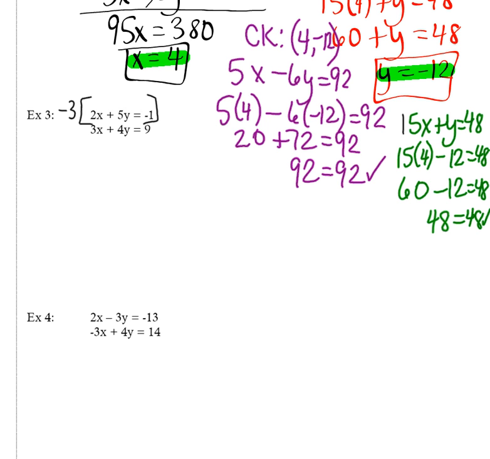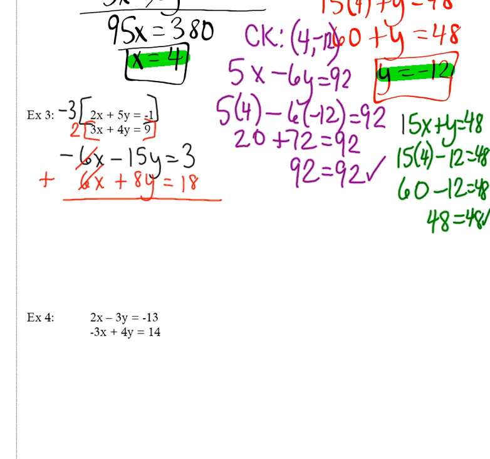So let's do the first one, and we wind up with -6x minus 15y equals +3. Now I need this to be positive. 2 times 3 will give me my +6x plus 8y equals 18. Remember to distribute that 2 all the way through the end. Adding the two together, my x's cancel out. I wind up with negative 7y equaling 21. y equals negative 3.